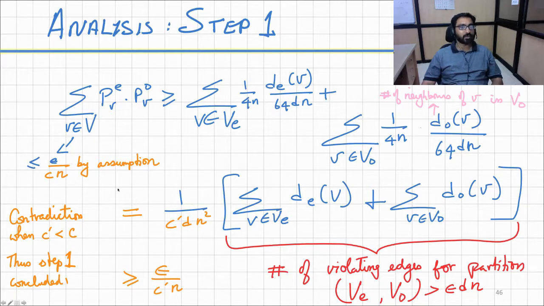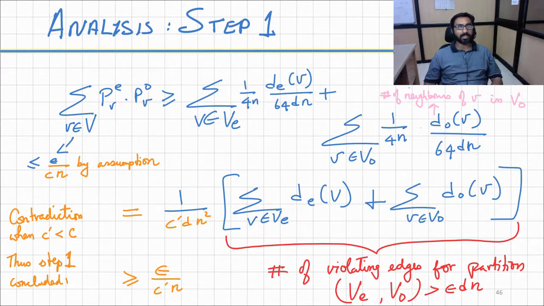And this is our assumption that we started off with. Now, if C prime here is small, then this quantity is going to be larger compared to this epsilon Cn. And that would lead to a contradiction, because on the one hand, our assumption is that the summation is less than this smaller quantity. On the other hand, what we have worked out is that the summation is greater than this larger quantity. So this is the contradiction that we have established.